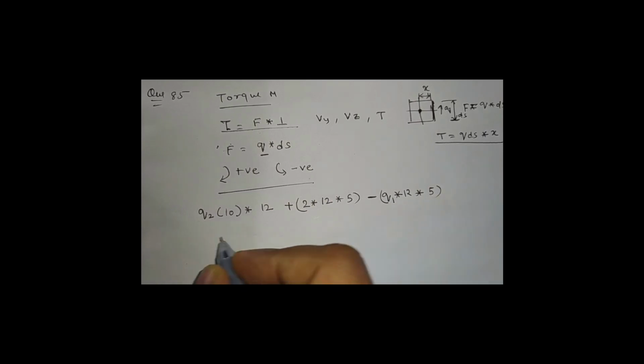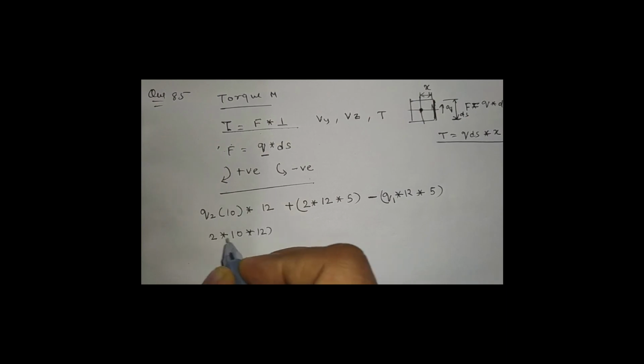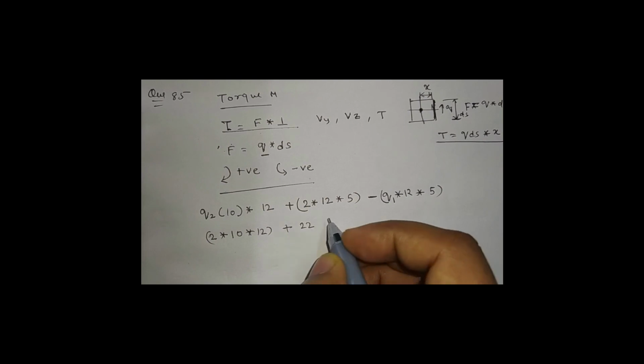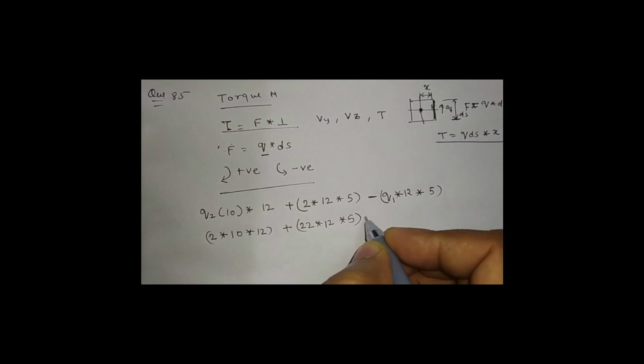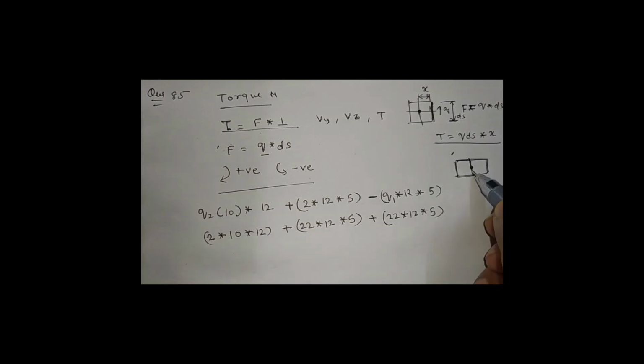Similarly, 2 into 10 multiplied by 12, plus 22 at the bottom side into 12 into 5, plus 22 multiplied by 12 into 5. Shear flow in this web will not produce any moment about this point, the shear center.